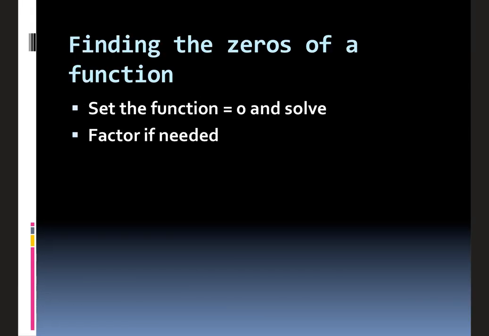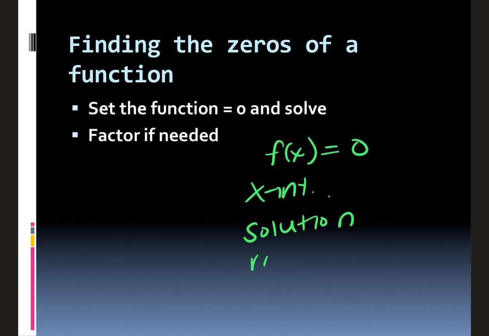All right. Finding the zeros of the function. We did this last week, except that it said find where f of x equals 0. It's the same thing. Where f of x equals 0, same as x-intercepts. The only difference there is the format of the answer, right? An x-intercept we would put in coordinate point form, whereas a 0 we list it. It's also known as a solution. It's also known as a root.